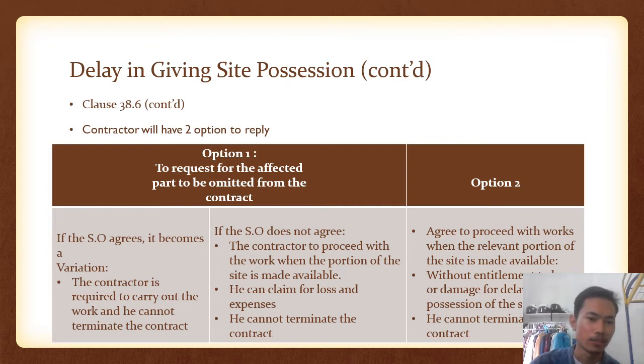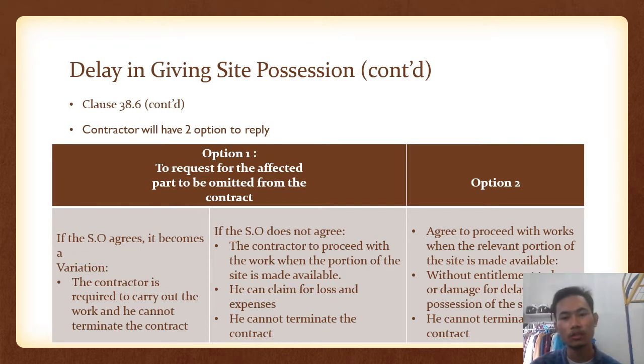The contractor is required to carry out the work and he cannot terminate the contract. Second, if the SO does not agree, the contractor to proceed with the work when the portion of the site is made available, he can claim all loss and expenses. He cannot terminate the contract.